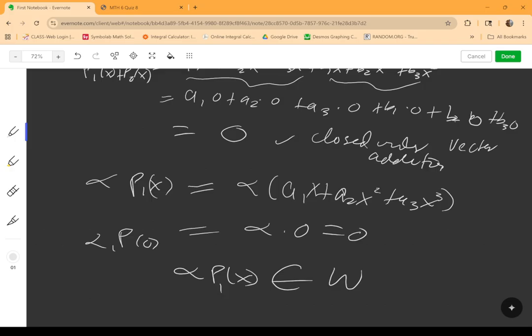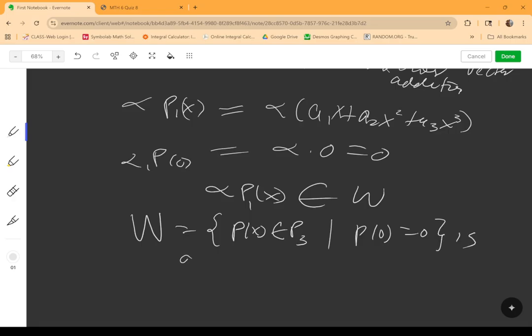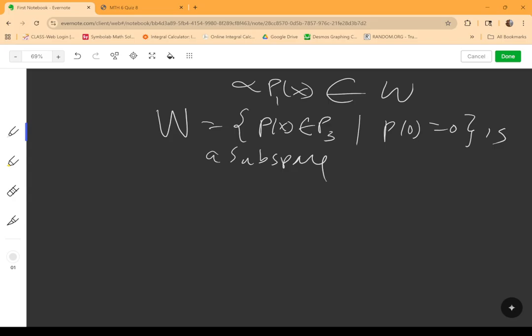So the set W defined in this way is indeed a subspace of the polynomial space. That's how you would approach determining whether something is a subspace.